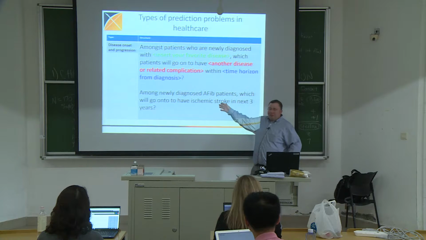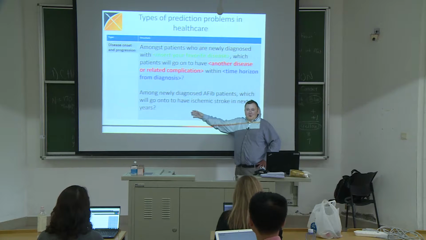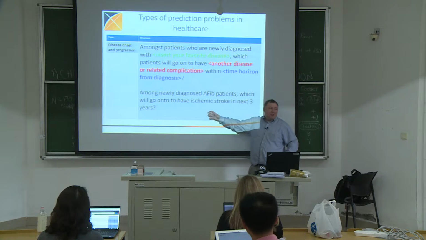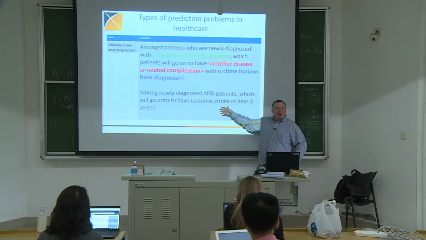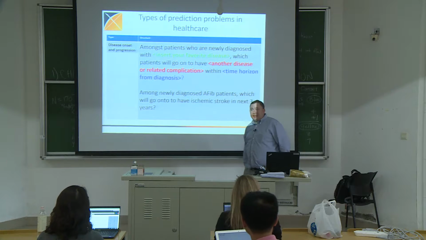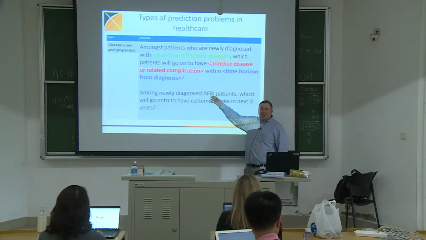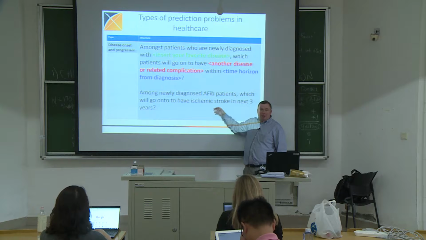And it turns out that there is a well-known prediction model for predicting stroke called the CHADS-2, which if you haven't learned about in medical school yet, you will, because it's a model that clinicians are taught, which determines how to treat patients with atrial fibrillation based on their predicted probability of getting a stroke in the future. And that, in fact, started with a prediction model out of the databases, just like what we're talking about.